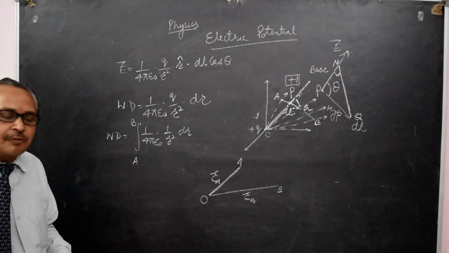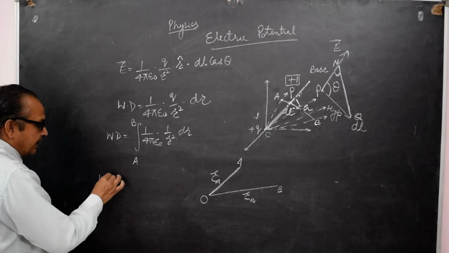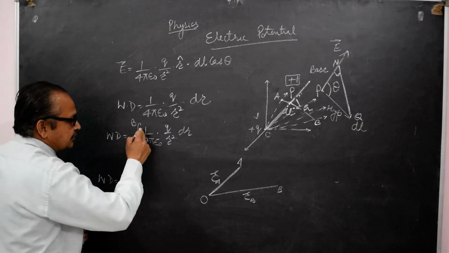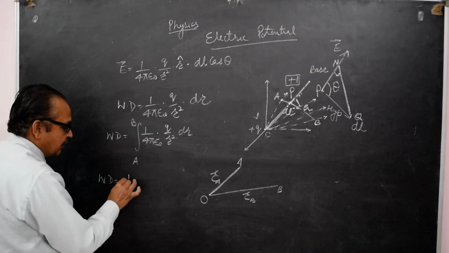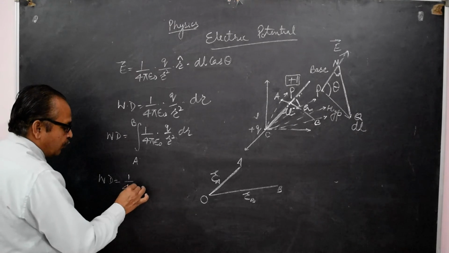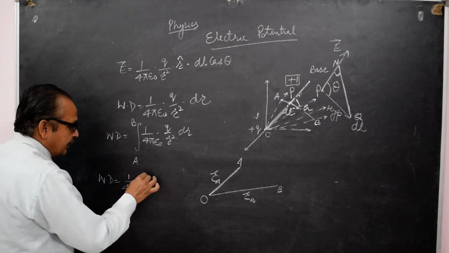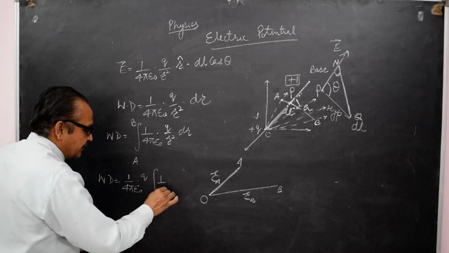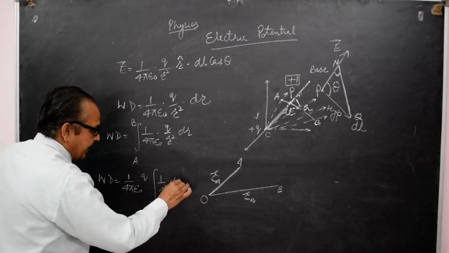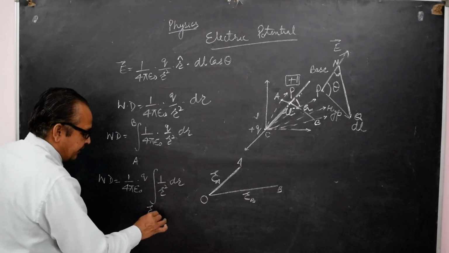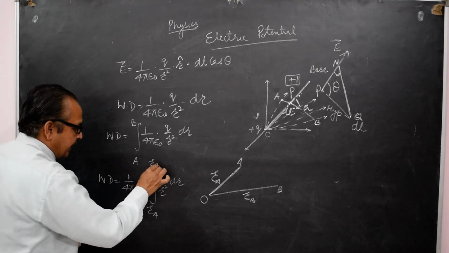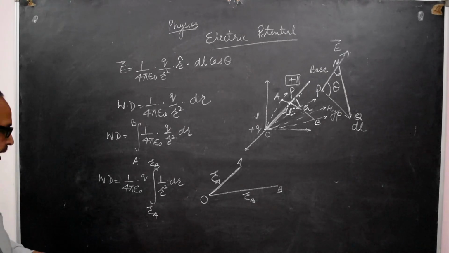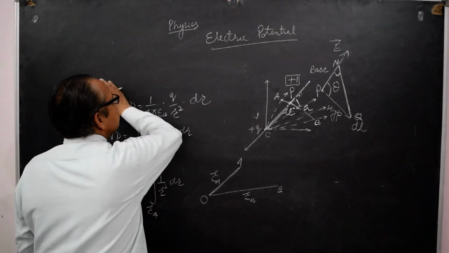Any doubt? So that means work done will be equal to, now you will appreciate that these terms are constant, that means 1 over 4 pi epsilon naught into q. I am left with 1 over r square dr integrated within the limit from ra to rb. Any doubt, my dear friends?